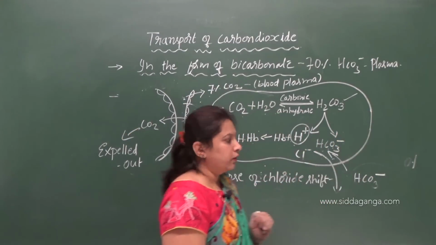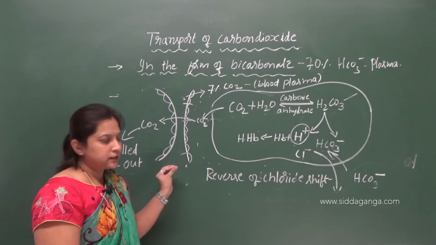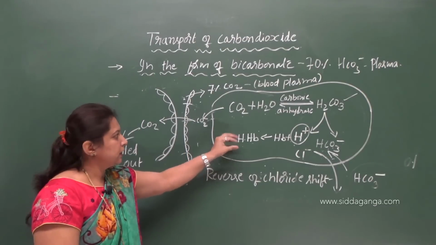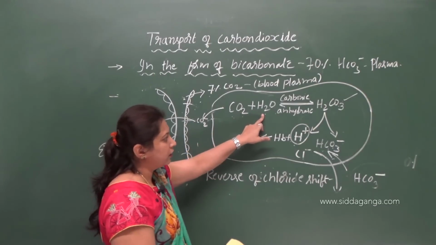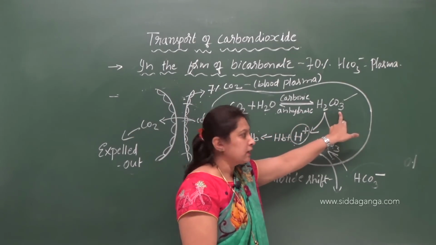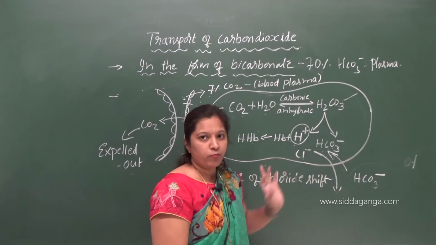Okay, so this is how the carbon dioxide is transported in the form of bicarbonate ions by the blood plasma. Understood clearly? So in the body tissues, the carbon dioxide diffuses into the blood and enters the RBCs. In the RBCs, it combines with water and forms carbonic acid. As the carbonic acid is unstable, it readily dissociates to form hydrogen and bicarbonate ions.